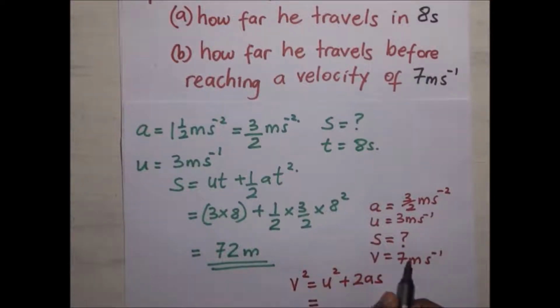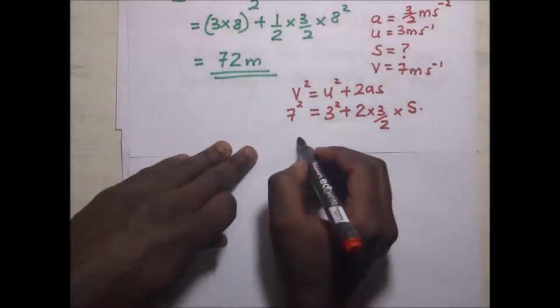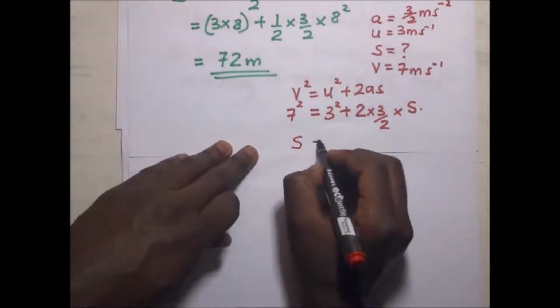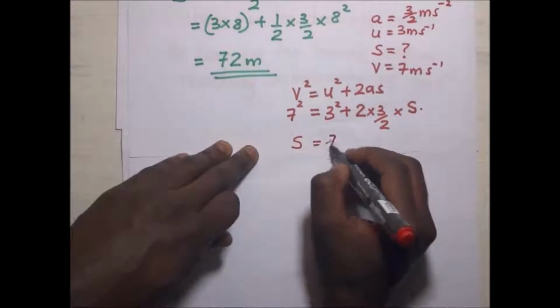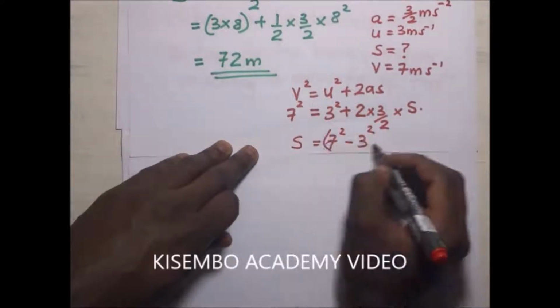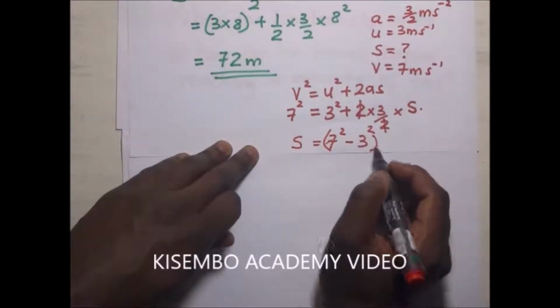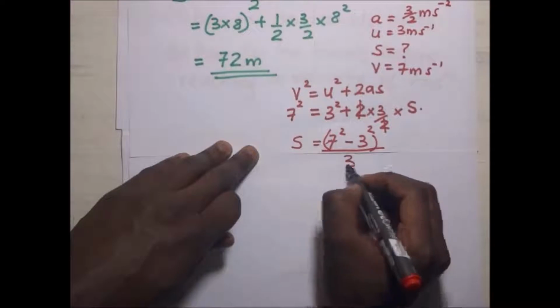That's going to be our final velocity, 7 squared, equal to the initial velocity, which is 3 squared, plus 2 times the acceleration, which is 3/2, times the value of s we are looking for. Making s the subject of the formula, s is going to become 7 squared minus 3 squared, and the 2 cancels with that 2, so all this is divided by 3.